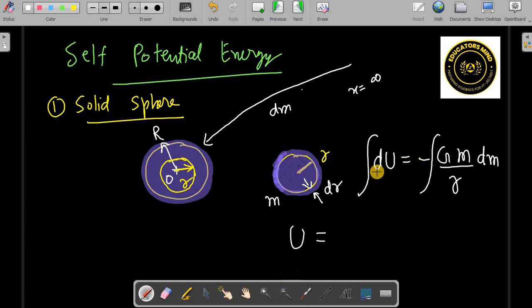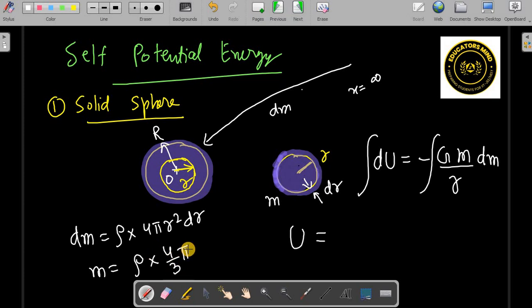Here we have to write the mass in terms of density. The small mass is density times small volume, and the small volume we are building up is 4 pi r square dr. The mass which is already there is density times volume, 4 by 3 pi r cube, assuming constant, uniform density.